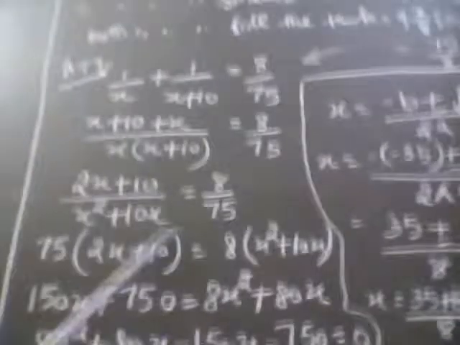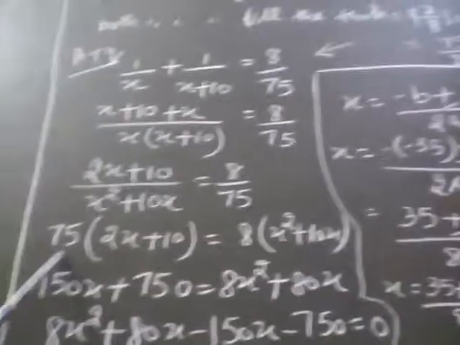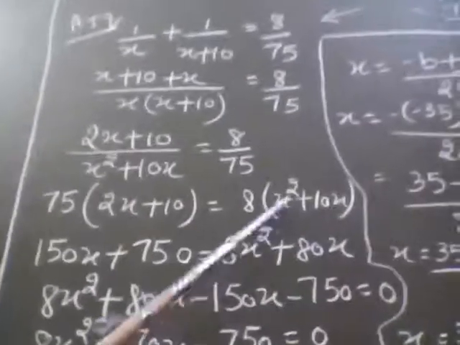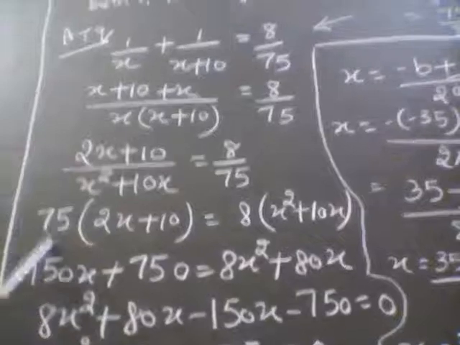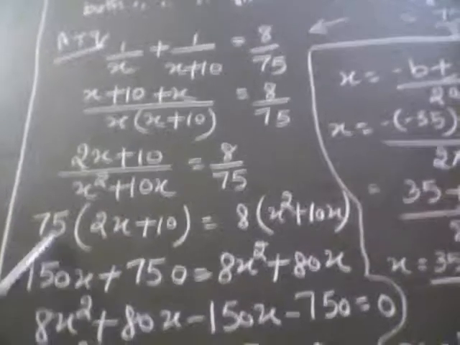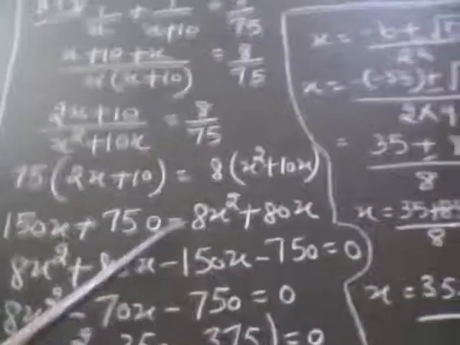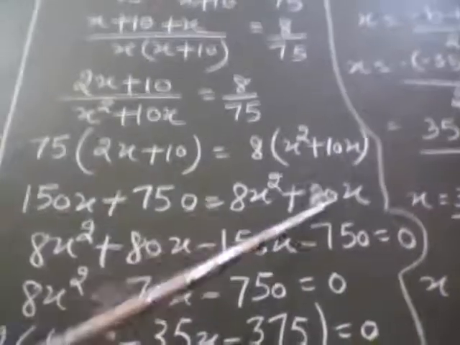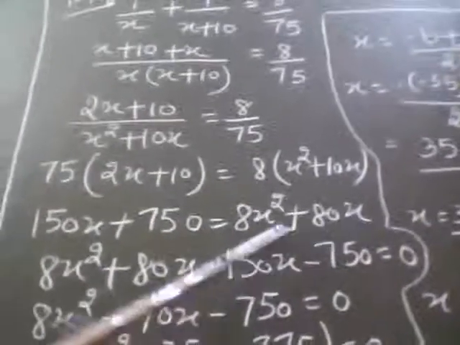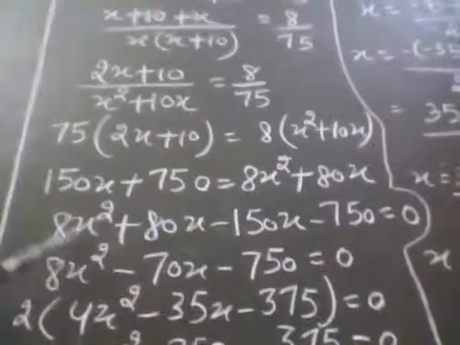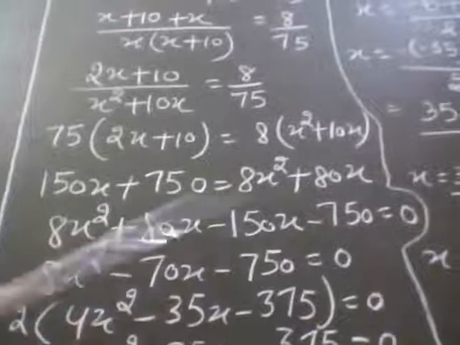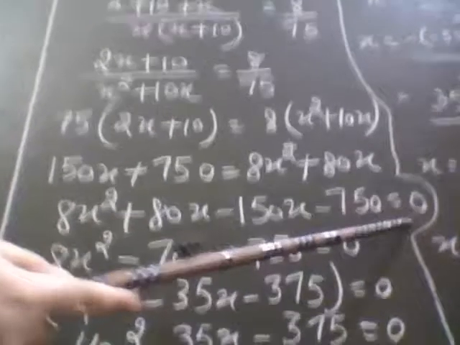Now by cross multiply we get 75 into 2x plus 10 equal to 8 into x square plus 10x. Now 75 2s are 150x, 75 10s are 750, and here 8 into x square will be 8x square and 8 into 10 will be 80x. Now we'll take it to one side, we'll get 8x square plus 80x minus 150x minus 750 equal to 0.